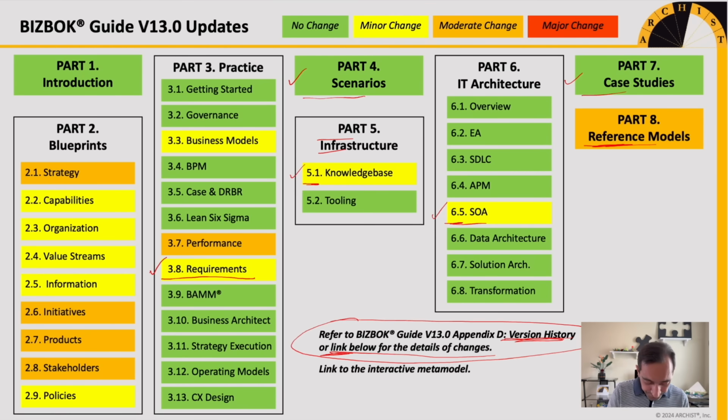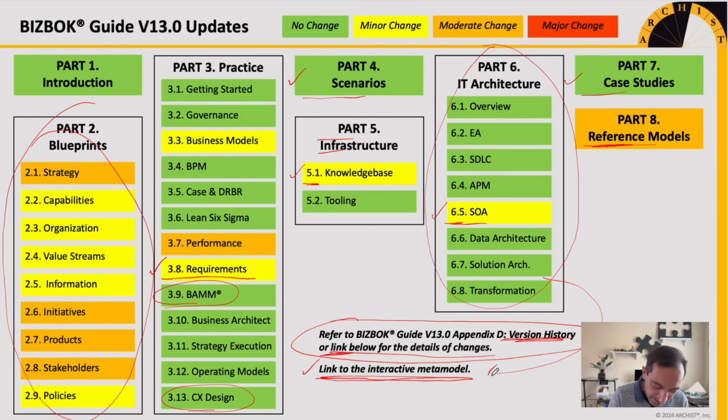And there's also a link to an interactive Metamodel that we have created here at Arcase. That's all of the metamodels and the relationships, specifically in the core and extended domains, along with a few of the other elements. You see the business processes, you see the CX design, you see some of the IT architecture components.